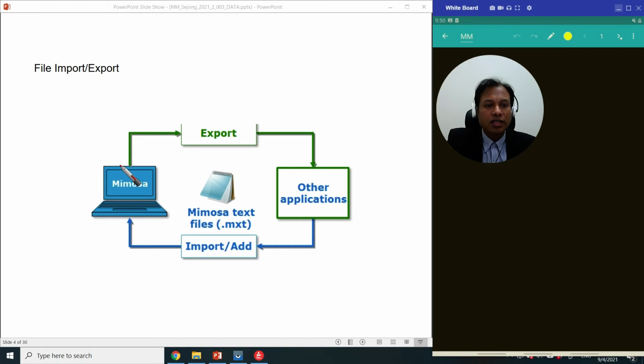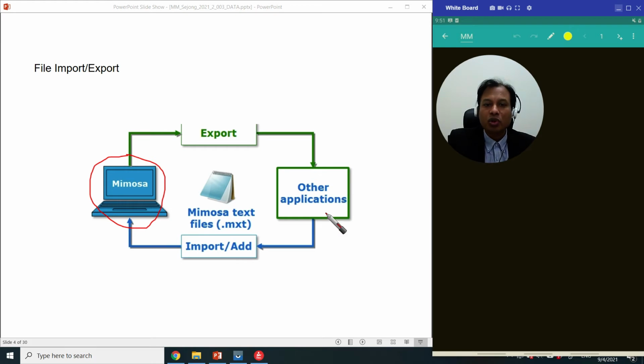Let's say this is your computer system, and sometimes from your computer you export some file to other applications, even through the internet, through a server, or whatever it is. So the theme is that when you export a file from your system to other applications, some file formats are more suitable than others. That's why we say some file formats are more suitable for export and some others for import.